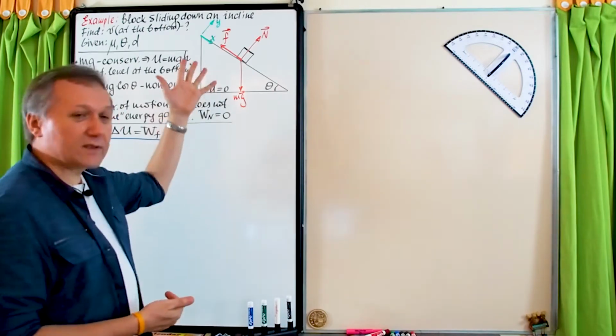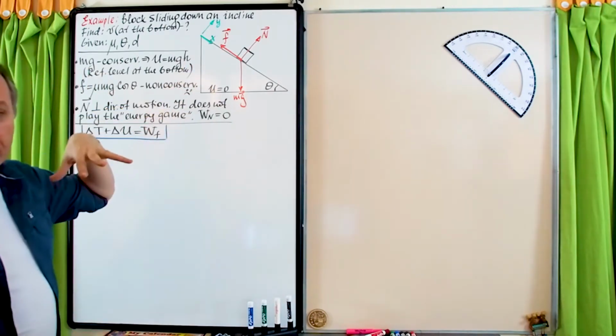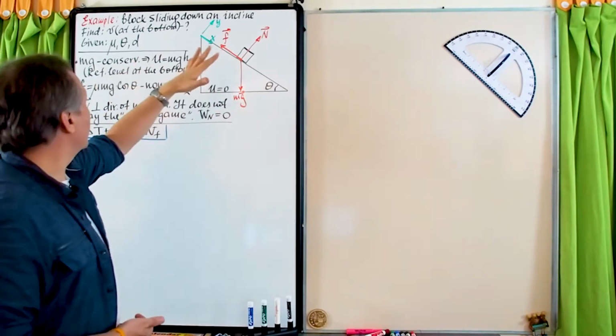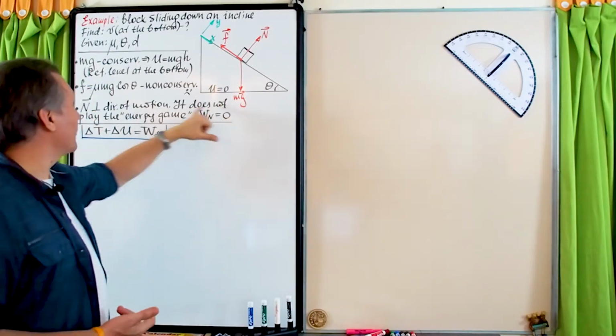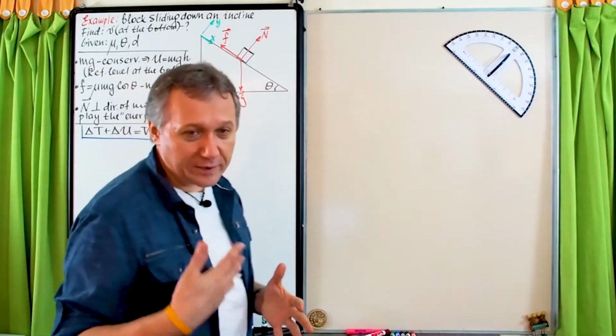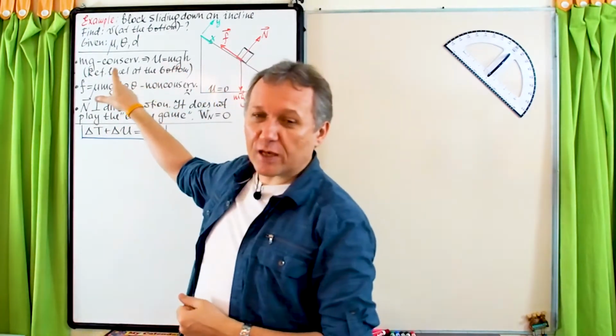So we started it and went to this point. First we identified all forces and analyzed them. The force of gravity is a conservative force, so for any conservative force, potential energy can be introduced. And I wrote it on purpose as mgh.